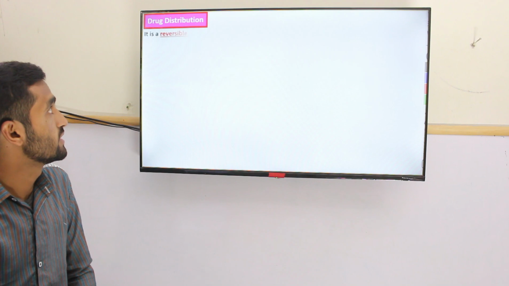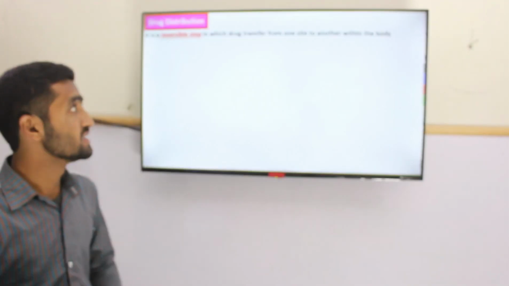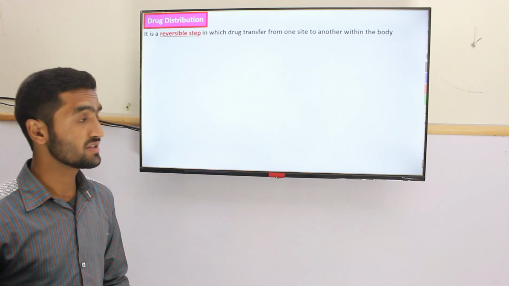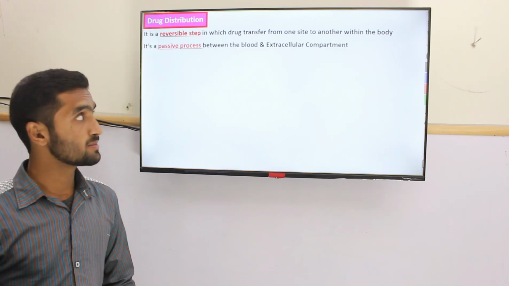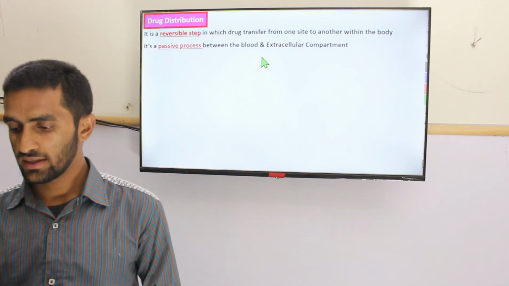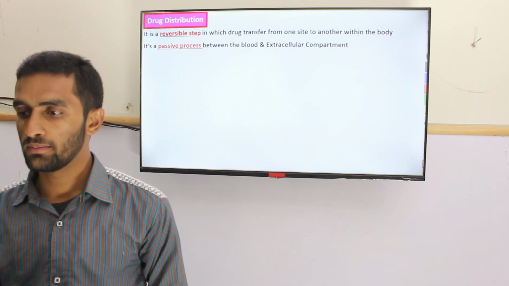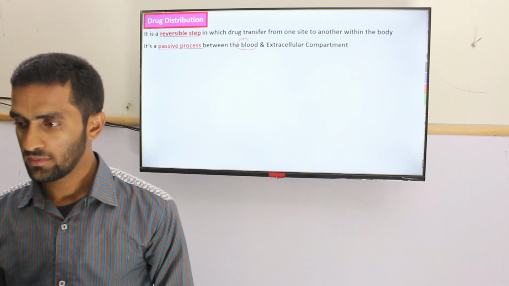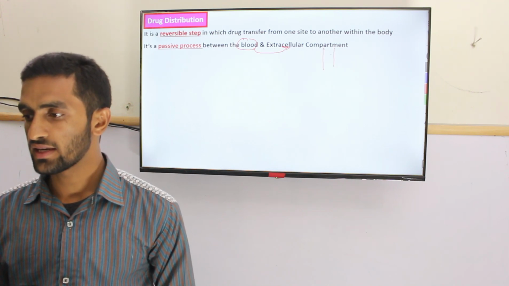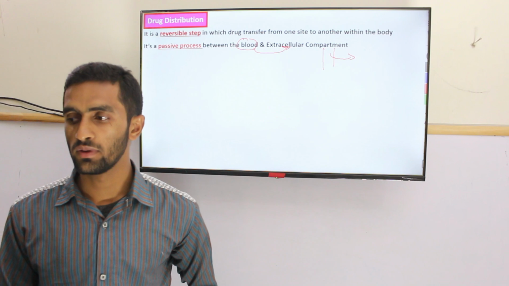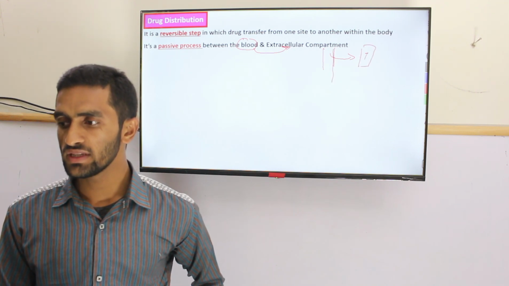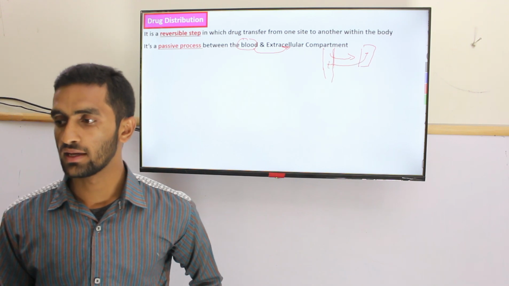How can we define it? It's a reversible step in which our drug transfers from one side to another within the body. It's a passive process between the blood and the extracellular compartment. Your drug moves between the blood and the extracellular volume, where different tissues are present, and it can go back again.